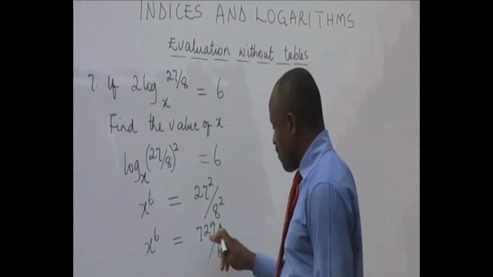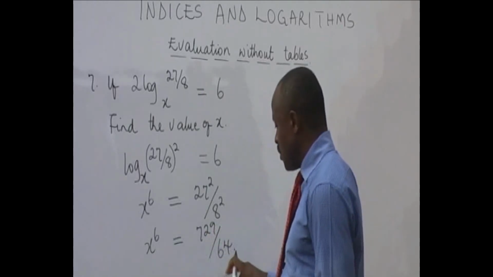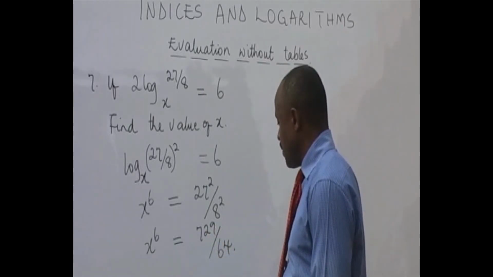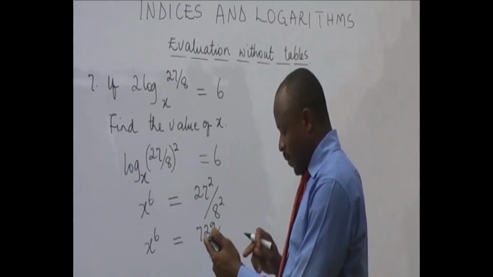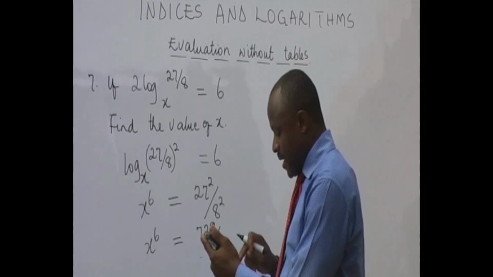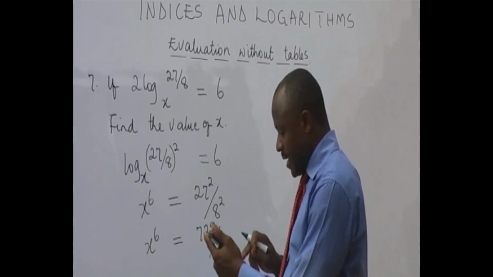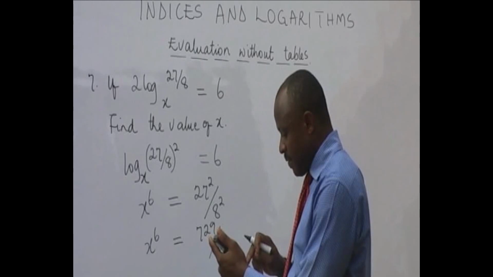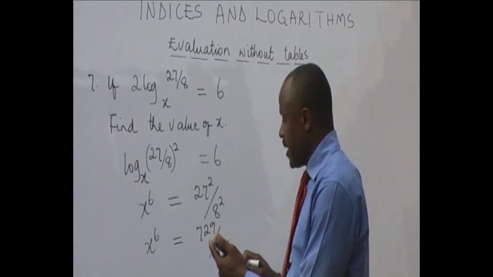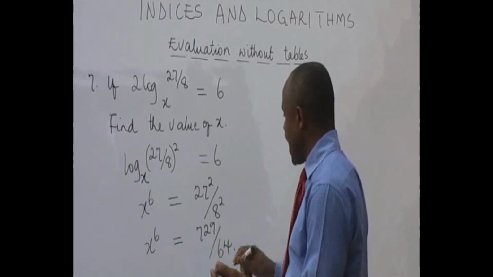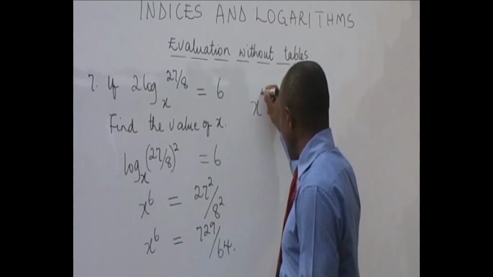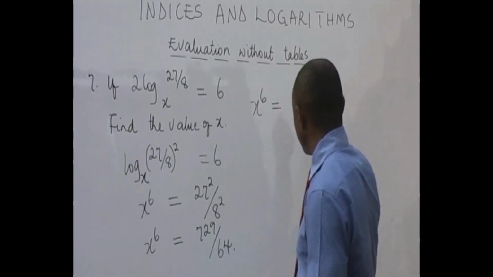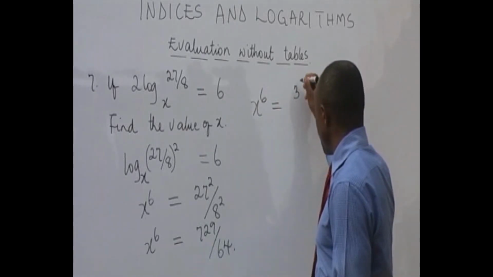I'm looking at 3 for 729 and 2 for 64. Let's try it. 3 times 3, 2 times, 3 times, 4 times, 5 times, 6 times is equal to 729. That means in the numerator, first of all, write down x exponent 6 is equal to 3 exponent 6.